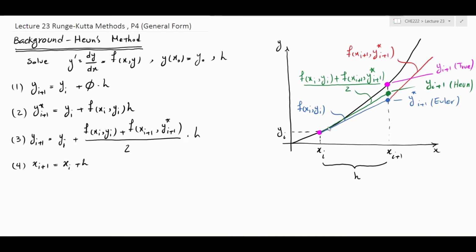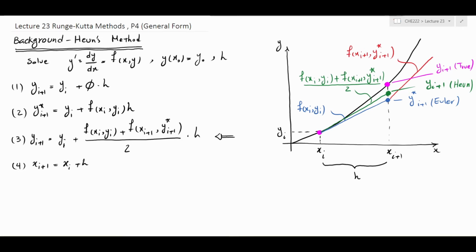And that defines a new line, this green line, which gives us the value of yi plus 1 at the end of the interval, and this is based on the Heun's method. The true value is this pink point, and you can see using the Heun's method we can estimate the value of yi plus 1 more accurately. So the Heun's method uses this equation number 3 to calculate the value of yi plus 1.